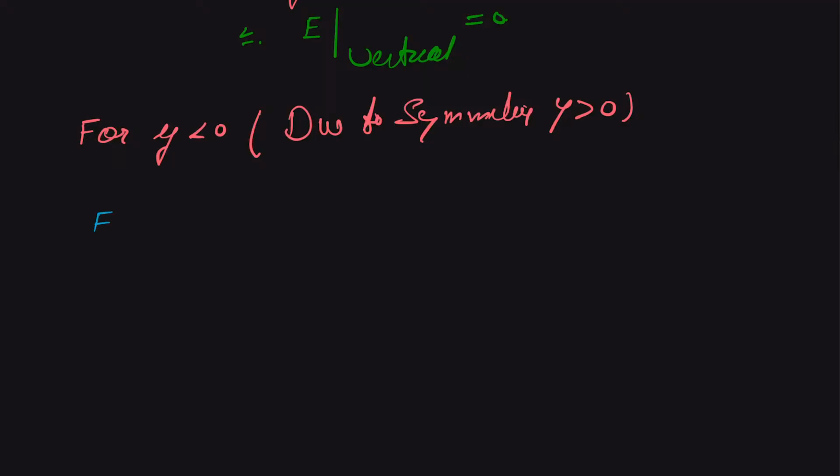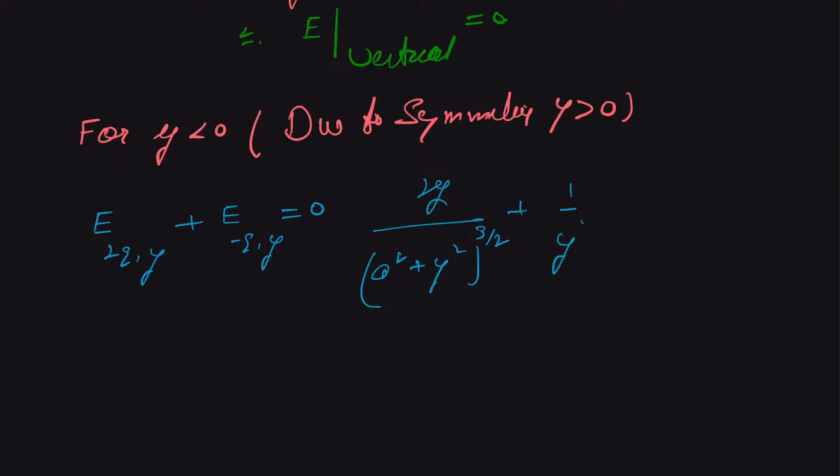Therefore we can say that the electric field due to charge 2q plus electric field due to charge minus q in vertical direction should be equal to 0. So we simply substitute them. We get this as our 2y upon a square plus y square to the power 3 by 2 plus 1 upon y square is equal to 0.